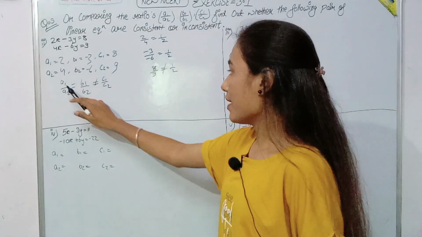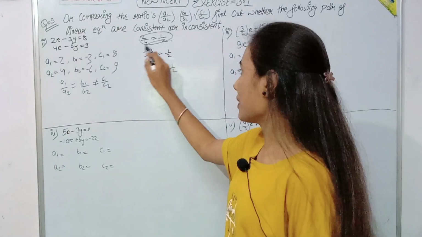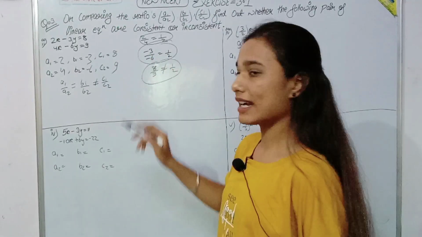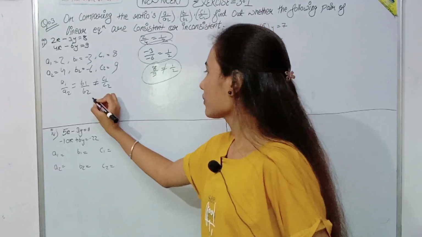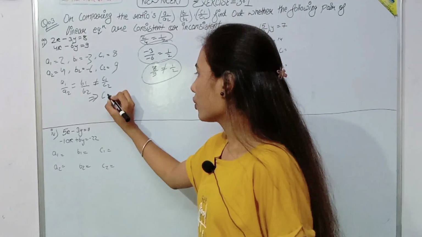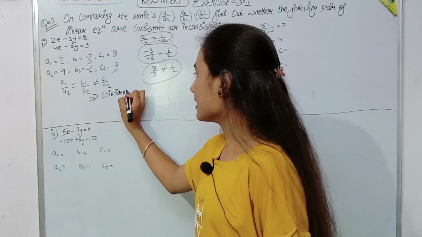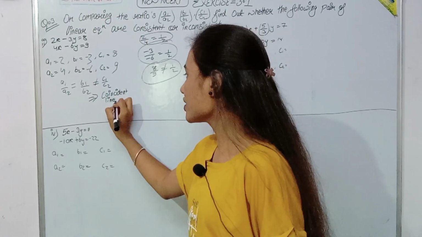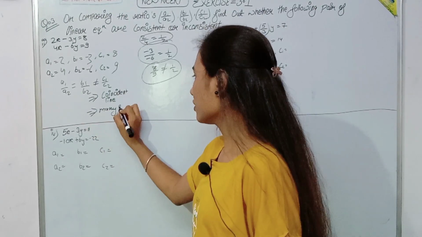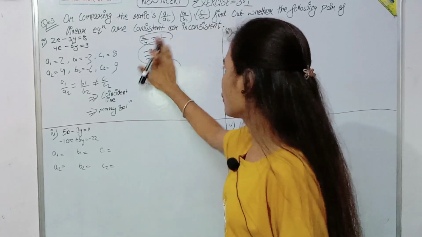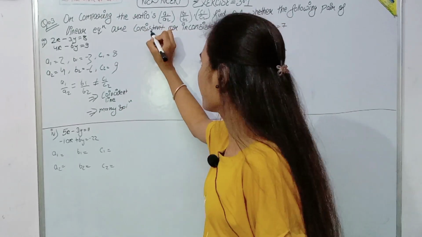So, a1 upon a2 is 1 by 2, b1 upon b2 is 1 by 2 and c1 upon c2 is not equal to 1 by 2. So, it's a form of coincident lines, in which many solutions occur. Okay. So, it's a consistent equation.